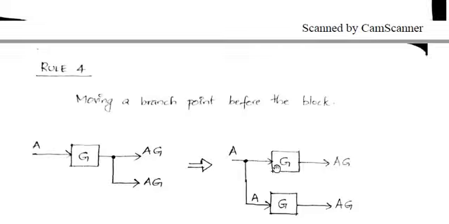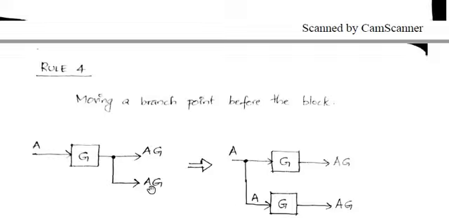Let's see. So here we have a block G. I am applying A, and we will get AG. Right? So my branch point was actually here. Now I have shifted that branch point to this point. Even if I shift this branch point, the signal that I should get here is AG. But after shifting the branch point, the signal that I get here will be A only, right? But what I really need is AG.